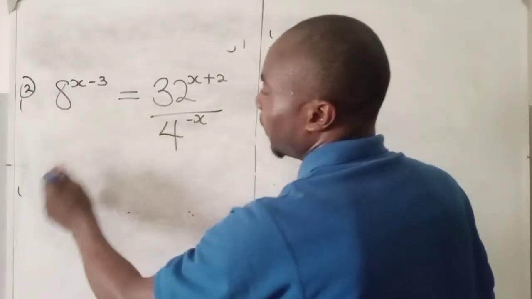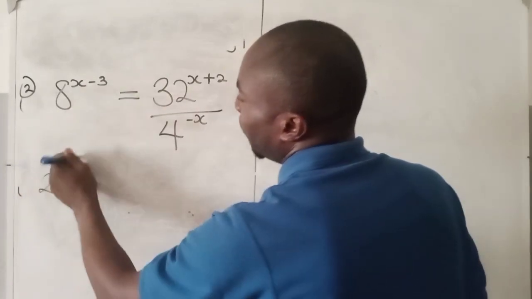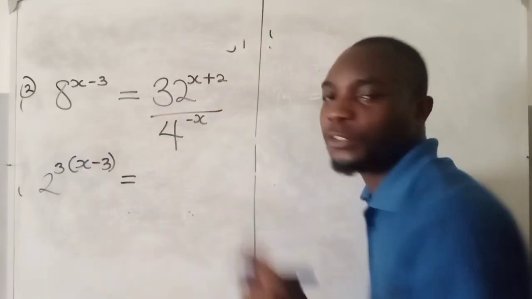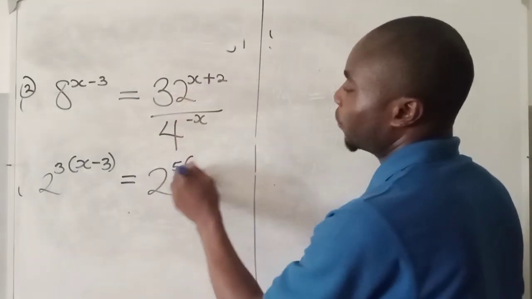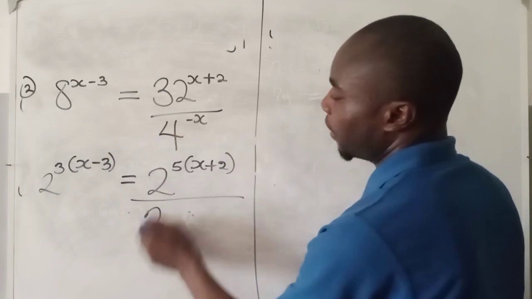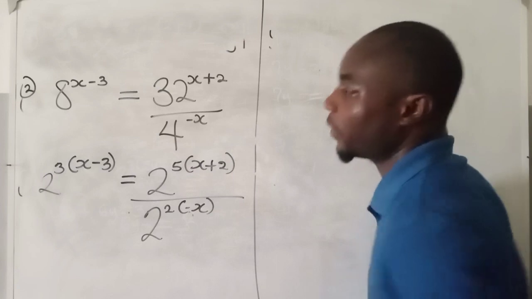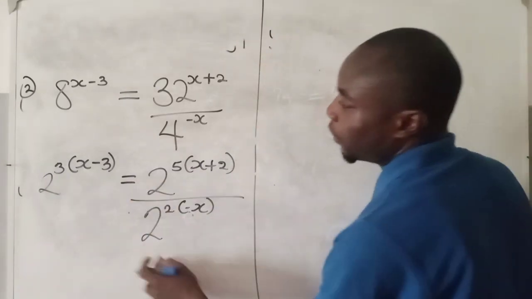So I can change this my 8 to 2 raised to the power of 3, then in bracket of x minus 3, and that's equal to 32 is same thing as 2 raised to the power of 5 in bracket of x plus 2, all over 2 raised to the power of 2 in bracket of minus x. Okay, now we can see that we have the same bases all through.